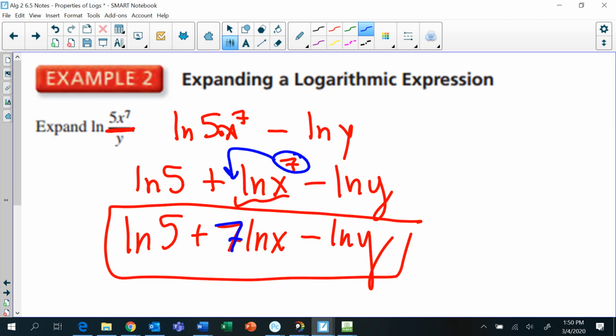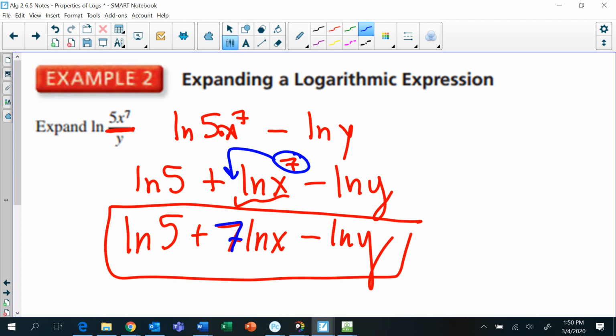The 7 itself is an exponent on just the x. It's not an exponent for ln. ln doesn't have an exponent. I'm just getting confused because in the last chapter we did it like the ln would be the base and then x would be up in the exponent.